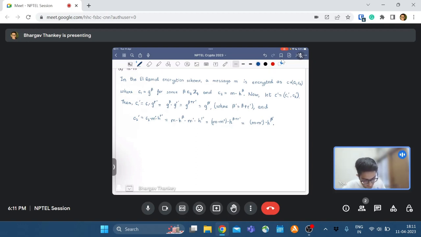Okay, now how is decryption done? To decrypt C', the receiver computes C2' times C1' to the minus alpha.